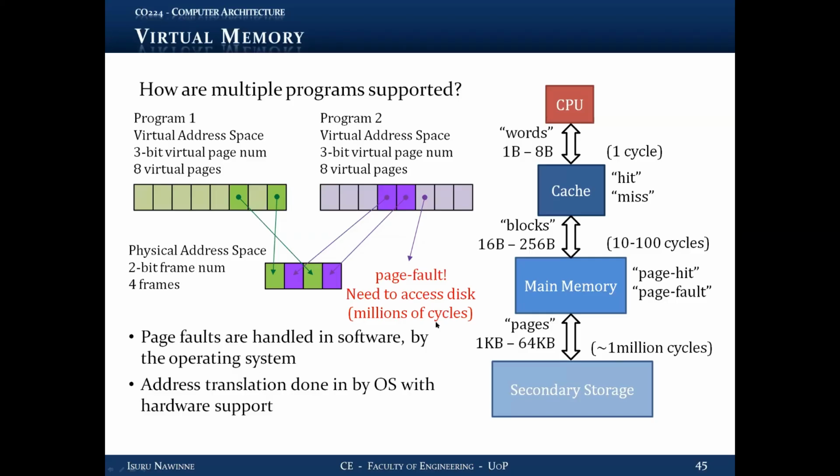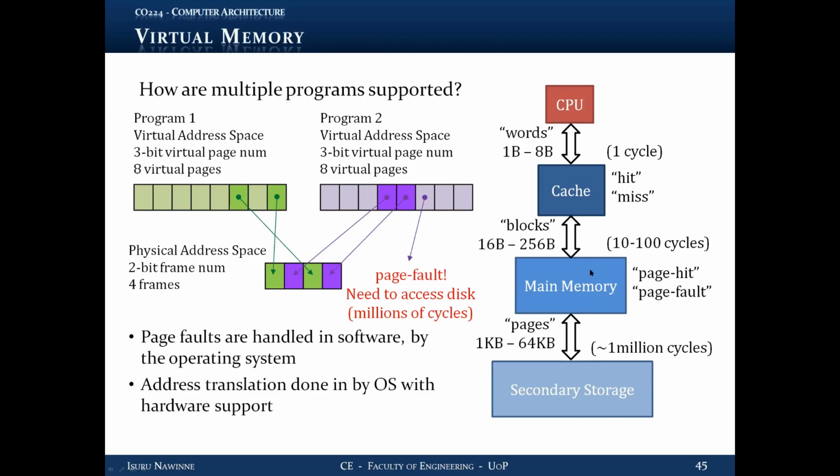So the page faults are usually handled in software by the operating system, right? When you have a page fault, that is, the page is not available in the memory, then the operating system should take over and access the disk and handle that page fault accordingly. So that is in the event of a page fault.